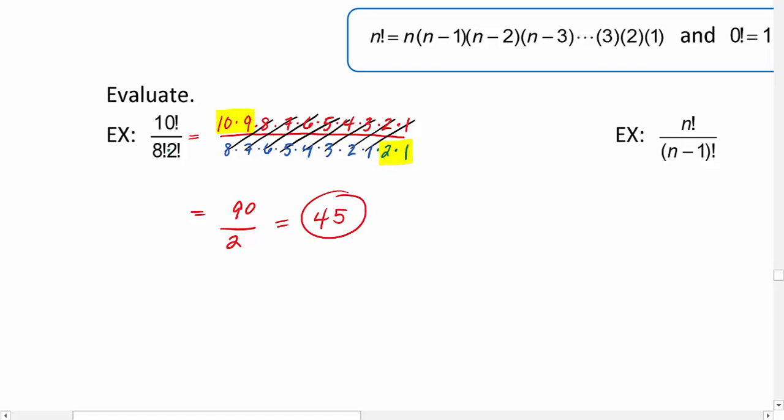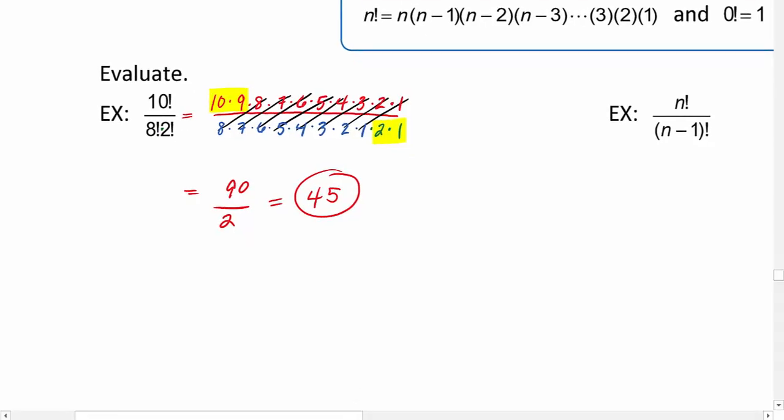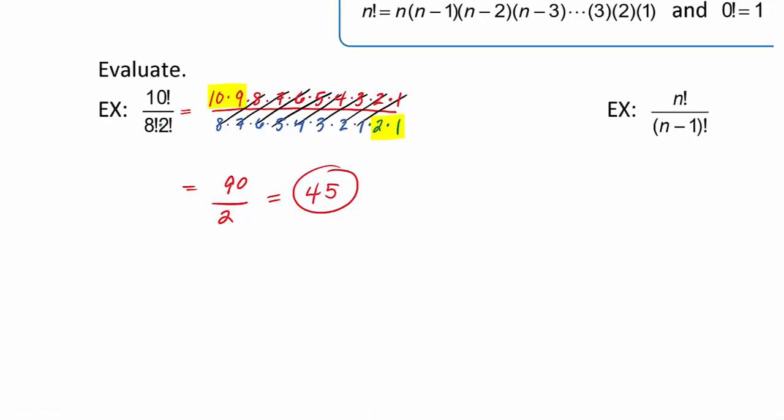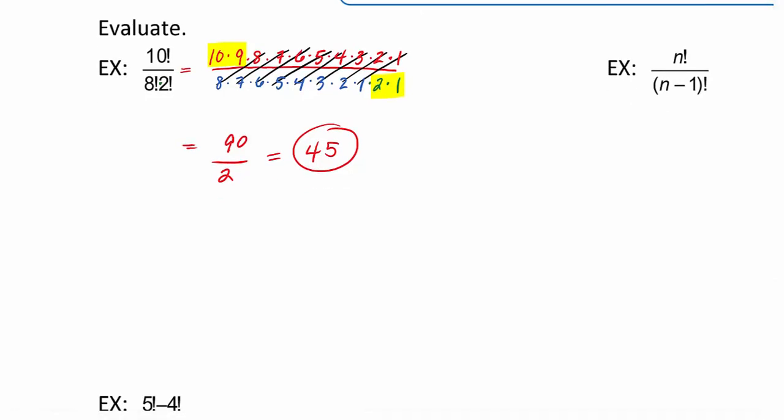So another way that we can do this once we get comfortable with the notation, so we don't have to write out so many huge numbers, is I could have done this problem by saying, because I see the 8 in the denominator, I could have said that 10 factorial is 10 times 9 times 8 factorial, because I know that 8 factorial takes care of 8, 7, 6, 5, 4, 3, 2, 1.